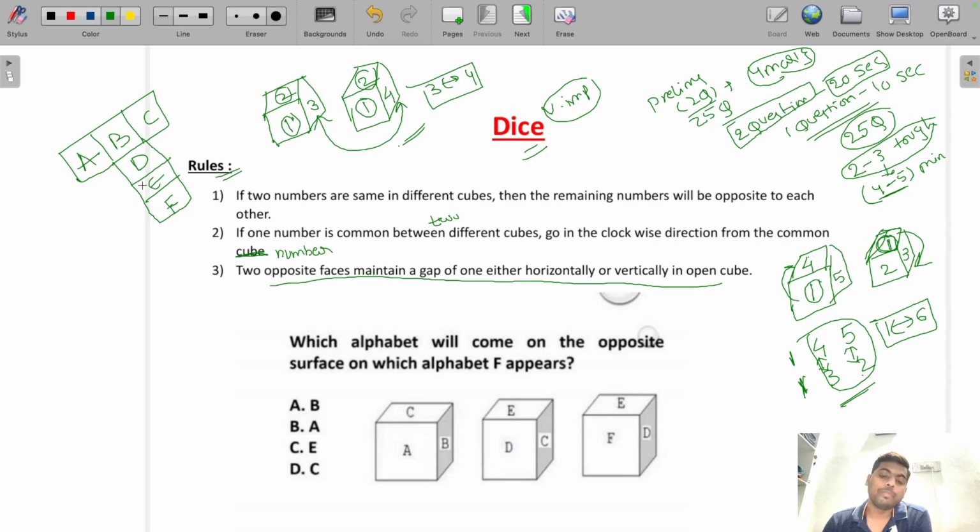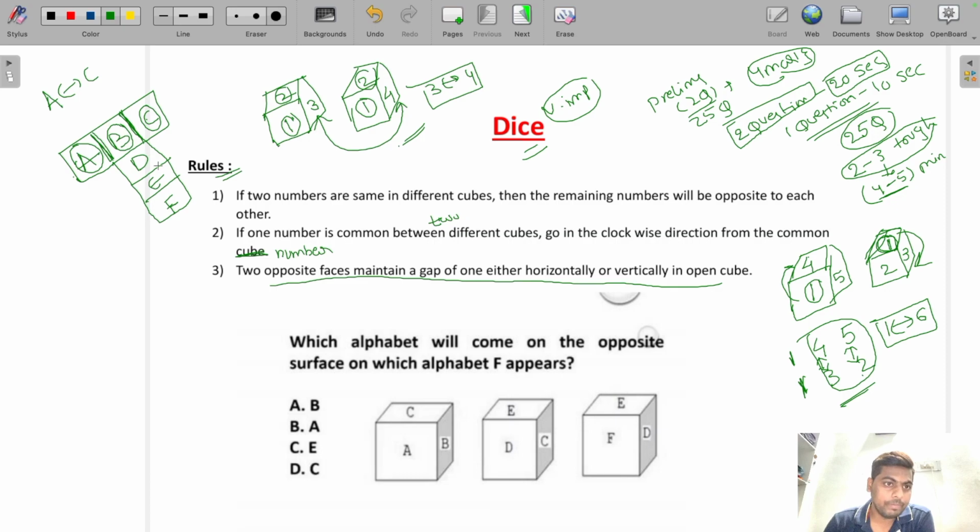For open cubes, you need to remember one rule: there is always a gap of 1, either horizontally or vertically, for opposite faces. If you see A here, you need to take one gap. There is one gap, meaning B is left, and here C is there, so A will be opposite to C. Here A and C have one gap horizontally.